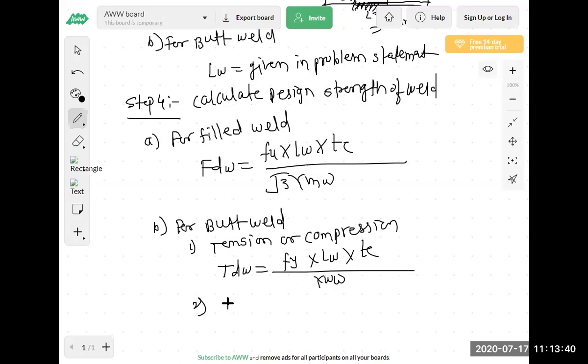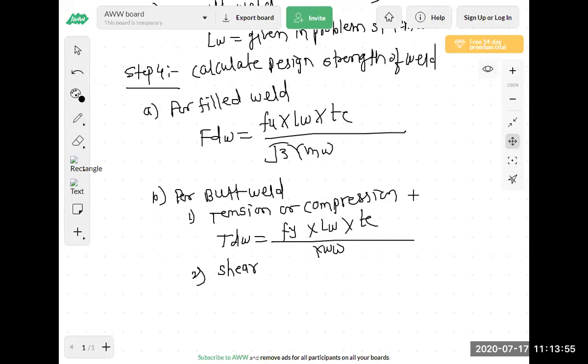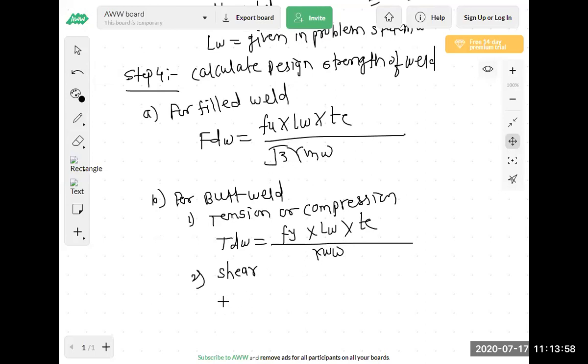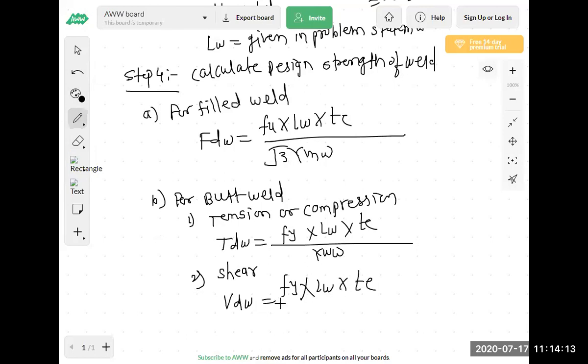And for shear, Vdw is equal to Fy into Lw into Te divided by root 3 gamma Mw.